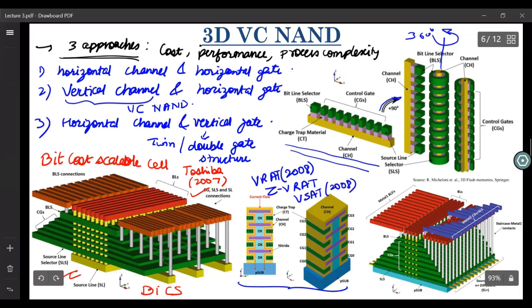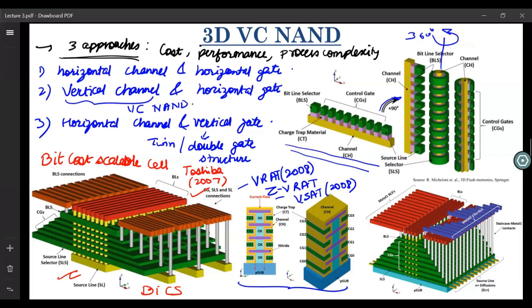Just to give competition to Toshiba, Samsung started investing hugely in 3D NAND flash structures, and it came up with these three versions, which were unsuccessful. They were not put into commercial production, but most people study the successes. If you want to do something deep, then you should study these failures.